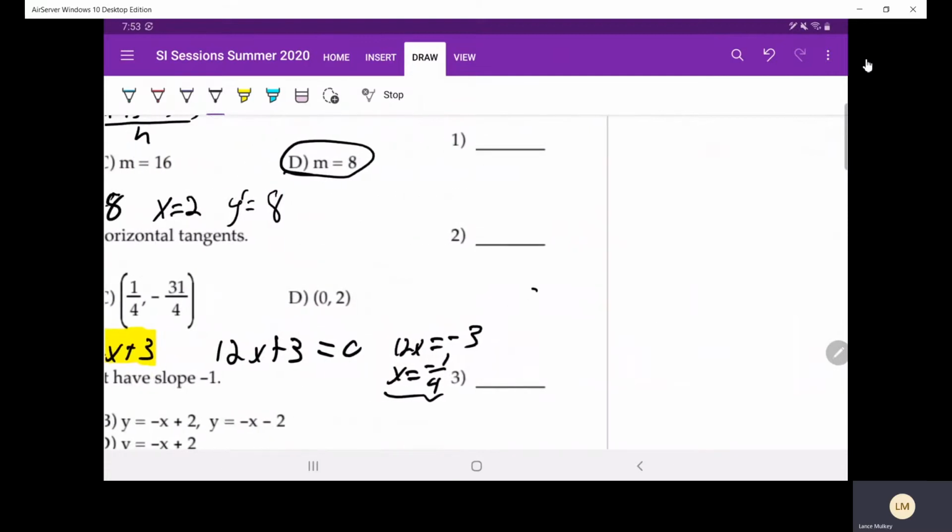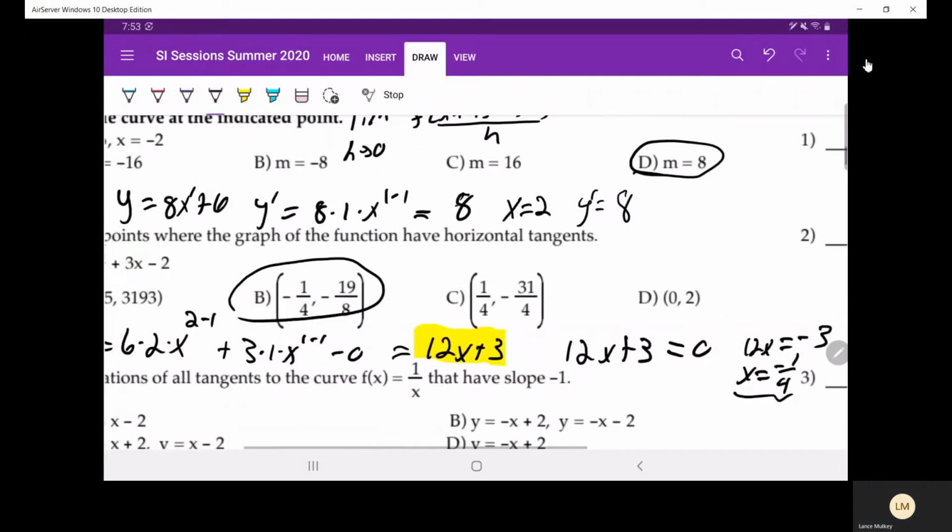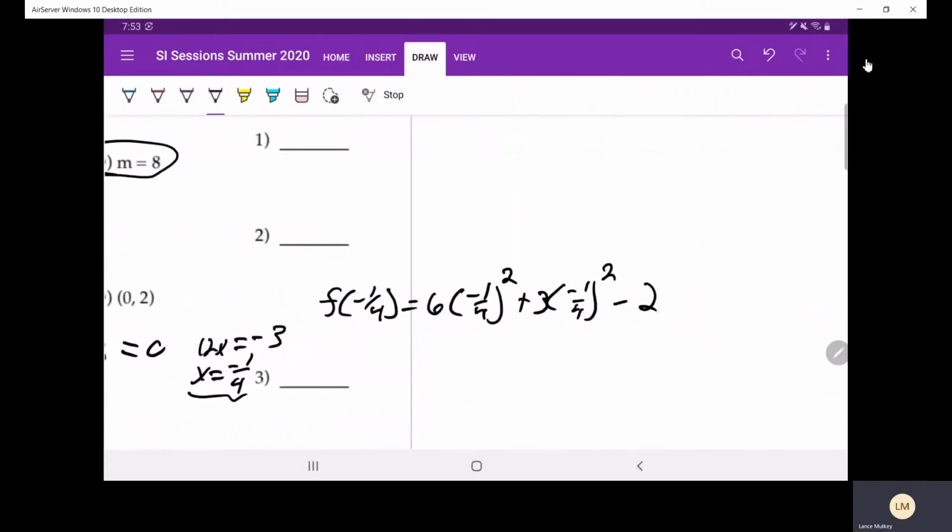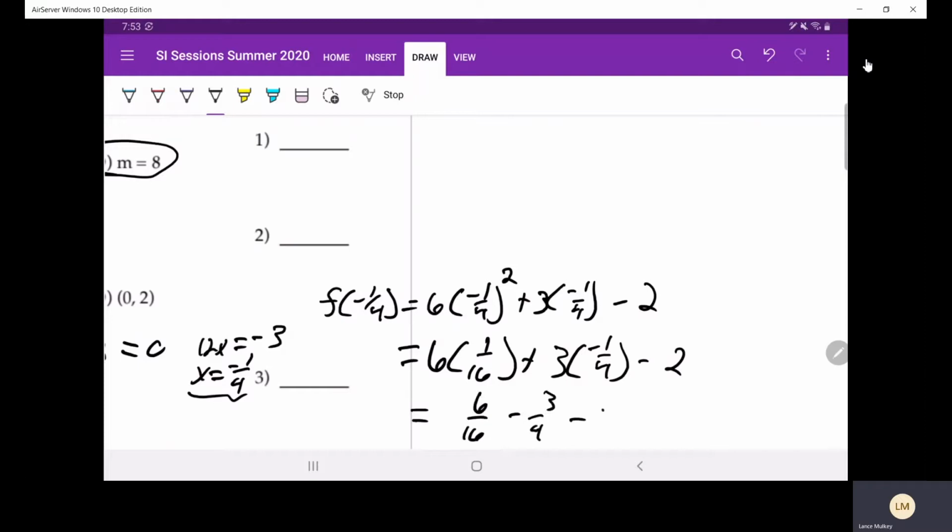So you'd have 6 times negative 1/4 squared plus 3 times negative 1/4 minus 2, which equals 6 times 1 over 16 plus 3 times negative 1 over 4 minus 2, which equals 6 over 16 minus 3 over 4 minus 2.